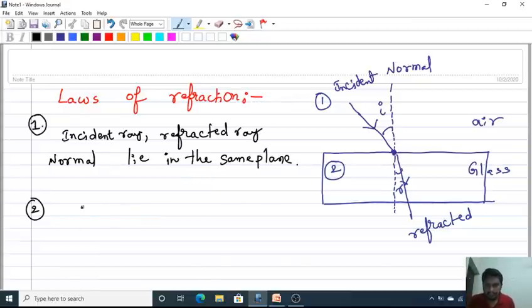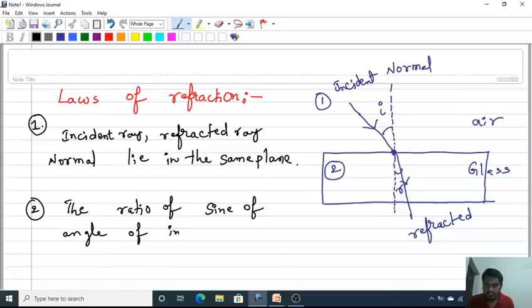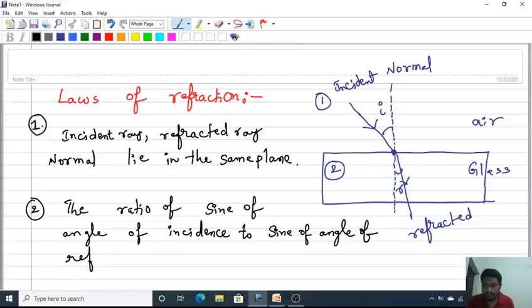According to the second law of refraction, the ratio of the sine of the angle of incidence to the sine of the angle of refraction is constant.